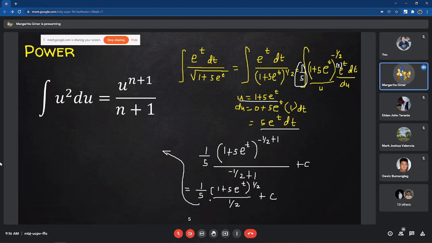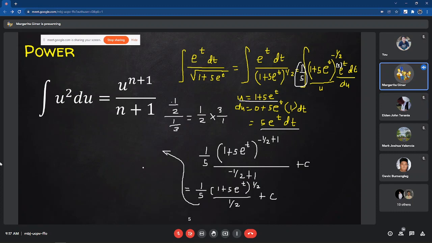Okay? So, 1/5. When we divide by a number, normally, let's say you have 1/2 divided by 1/3, it will give you 1/2 times the reciprocal of your denominator.